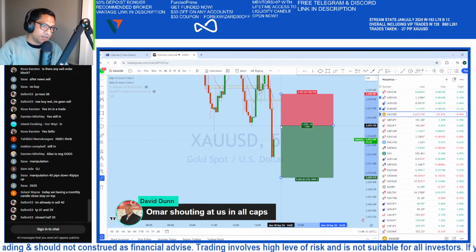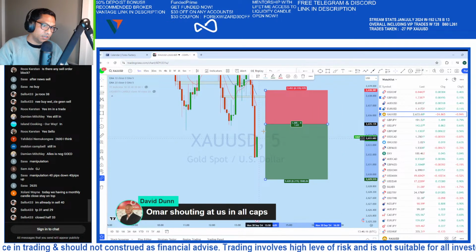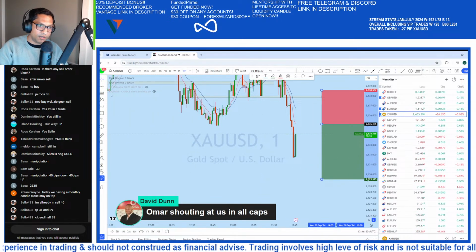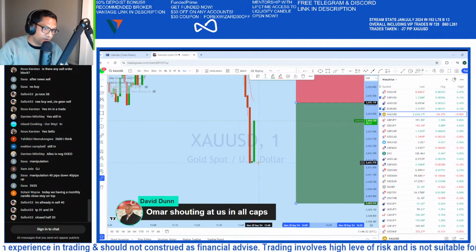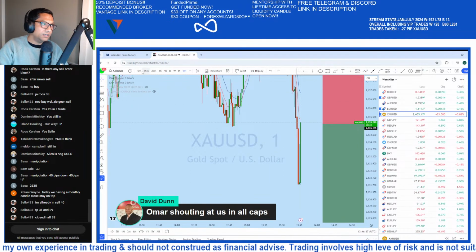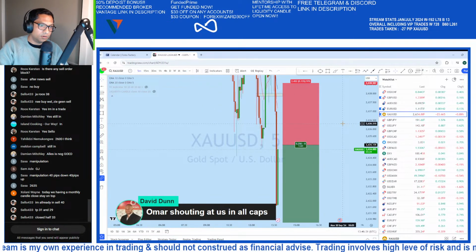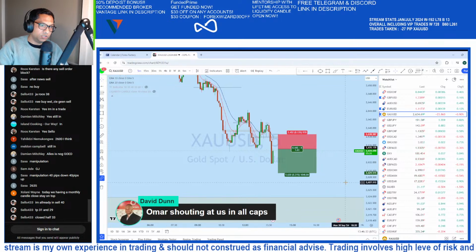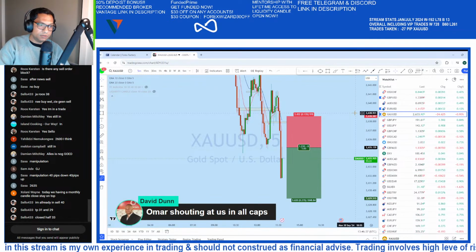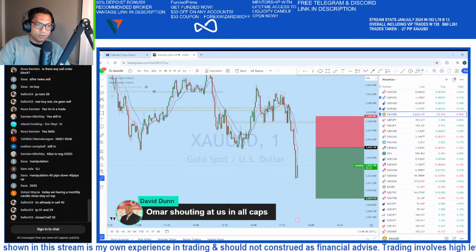Now here we can see that this is where there is a rejection. If you look at here, this doji is very interesting. Now that is not very good to see, trying to bounce. I'm still on the trade.